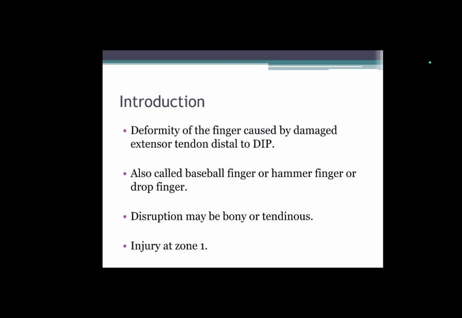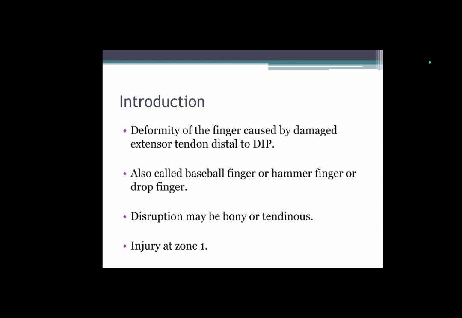A common injury affecting the fingers. Mallet finger occurs when the extensor tendon responsible for straightening the tip of the finger is damaged or torn. As a result, the distal interphalangeal joint remains bent and the patients cannot actively straighten the fingertip.